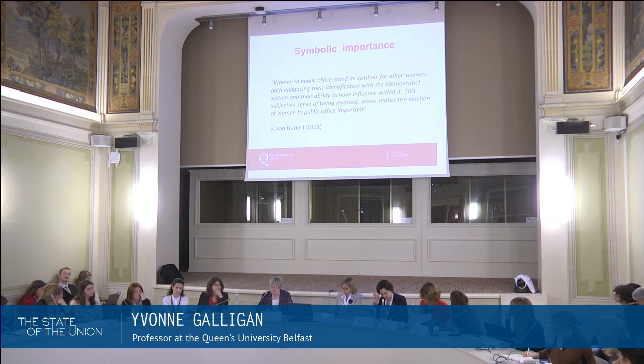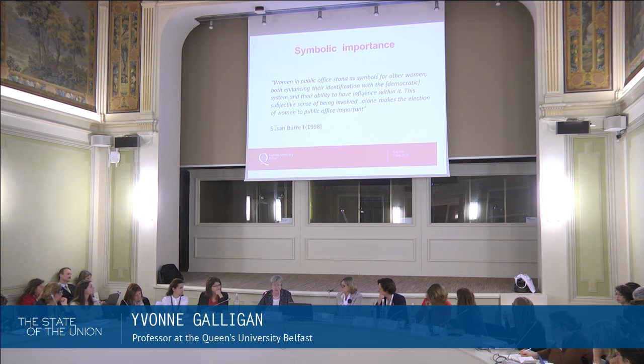So the issue of symbolic representation is becoming more and more important, because with symbolic representation we can begin to tackle the question of culture. As Carol Pateman writes, the political lion skin has a large mane and belongs to a male lion. It is a costume for men, and indeed leadership of many kinds is a costume for men.